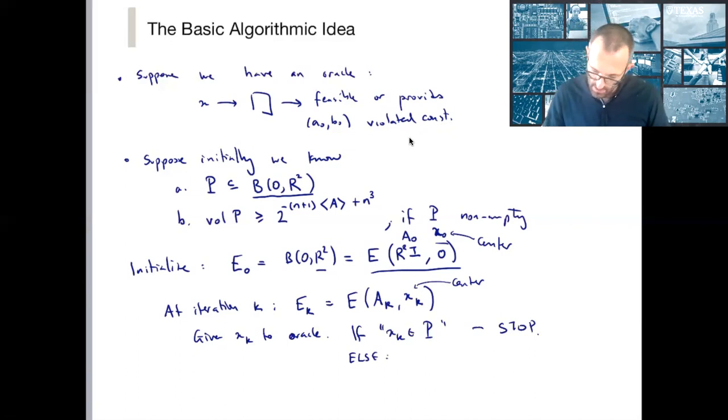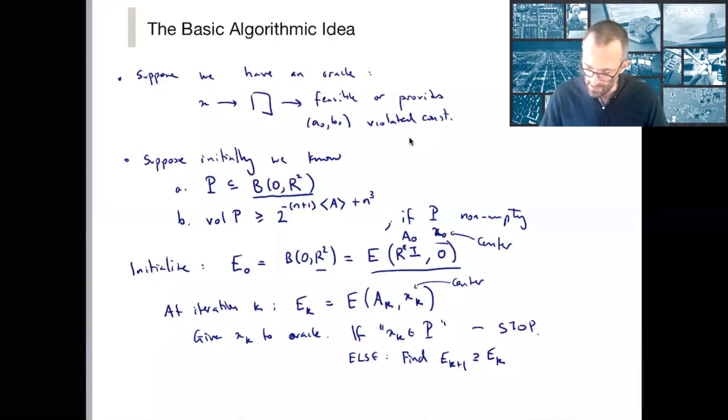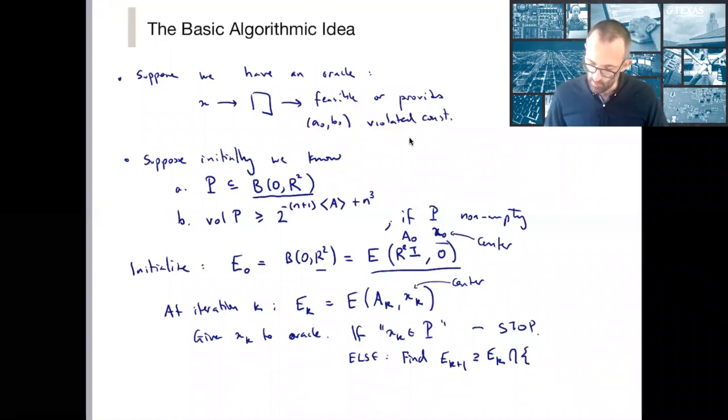So otherwise what we do is we find a new ellipsoid, EK plus 1, that contains the largest possible set that we know of so far that contains P. And what is that? That's where we were previously, that ellipsoid EK, intersect the half space that the oracle gives us.